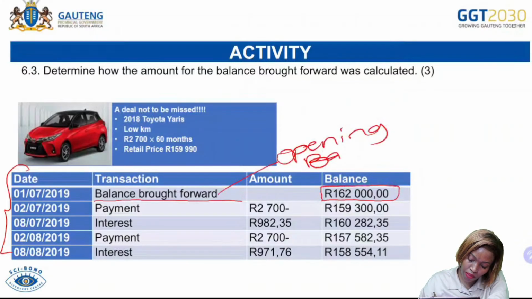It was 162,000. And then she made her monthly installment, it is 2,700 rands. Then she was owing 159,300. And then there was an interest charged. Because the interest is charged, it will be added on the 159.